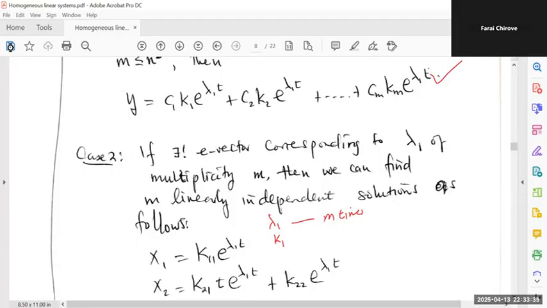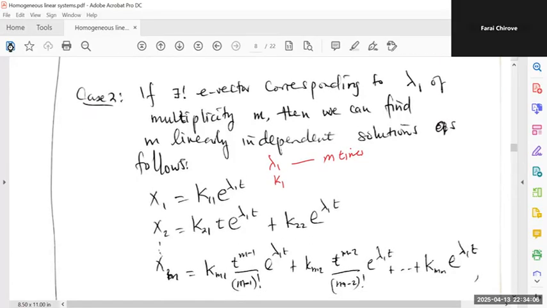Because it's an n by n system, the number of solution vectors should be n as well. So at the end of the day, we want to make sure that we recover some of this. Just think of the case of reduction of order, where you have one solution and you need to find the other one. This is a similar concept here.